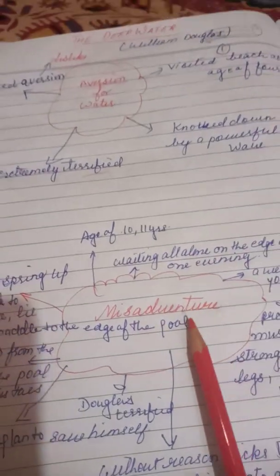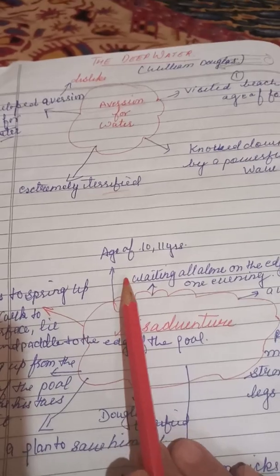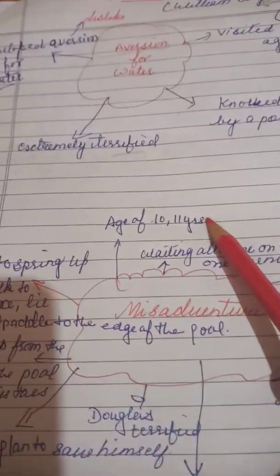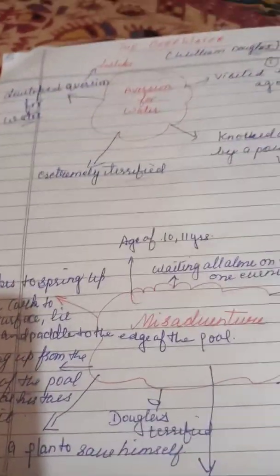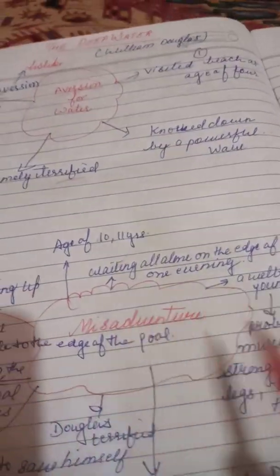And when he became age 10 and 11, he was desperate to learn to swim, to enjoy the other water activities, and for that he went to the pool with his father.